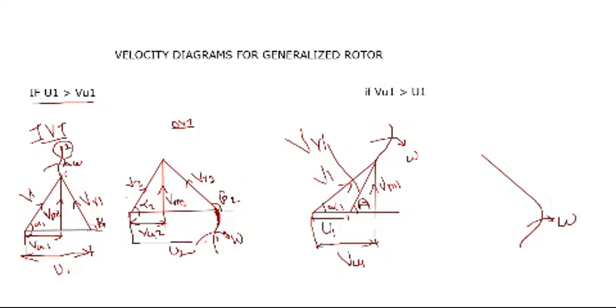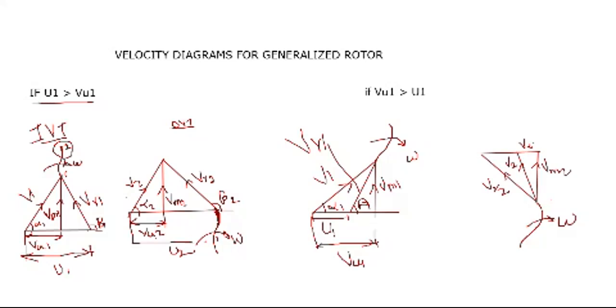Otherwise, if you are confused about V2, I will draw it from this line, and then I will draw the components. Okay, I will draw the components. This is VR2. This is V2. This is VM2.